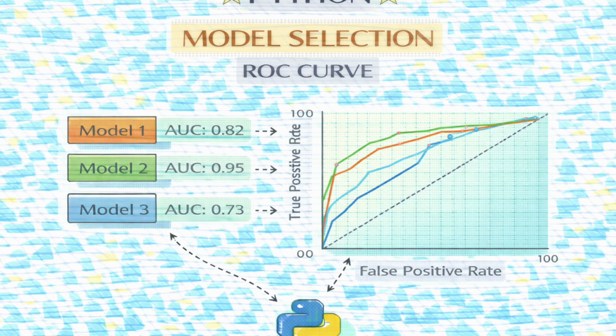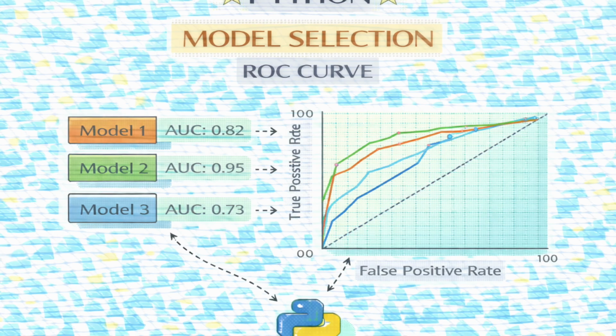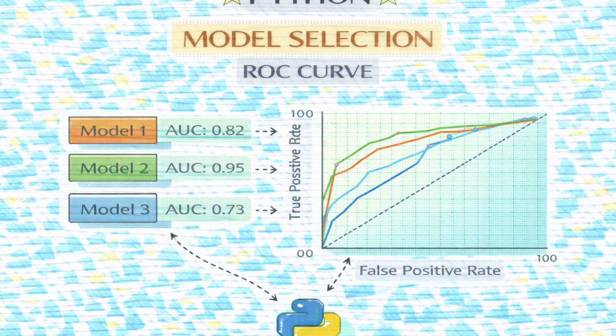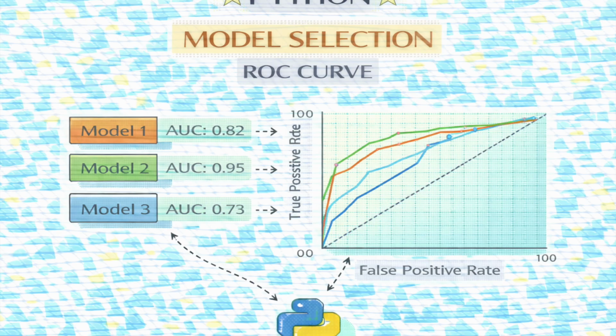But before we get into reading the graph, there's a big warning label on it, right? When is the ROC curve maybe not the best tool? That's a great point. ROC curves are fantastic when your dataset is more or less balanced. But if it's severely imbalanced, like that fraud example where it's 99 to 1, the ROC curve can be visually deceptive. Why is that? Because with so many true negatives, your false positive rate stays tiny, even if your model makes a lot of mistakes.